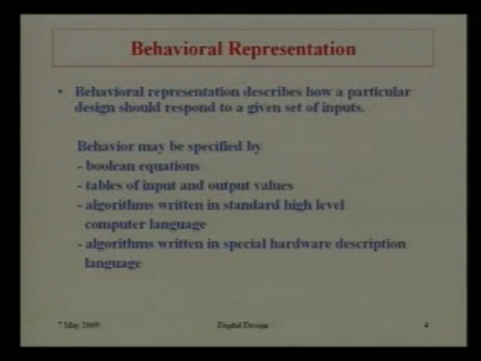Now, I see how technically we can represent: tables of inputs and output values. I have a table. If I give these inputs, what will be the output? One table of input output. That is nothing but your truth table. And if truth table is there, Boolean equation you can frame. So, the first two are actually almost the same, different form.